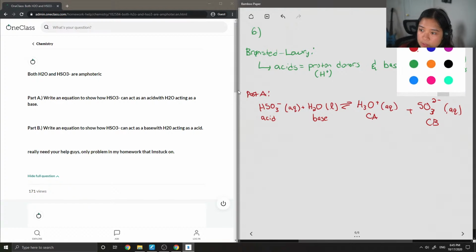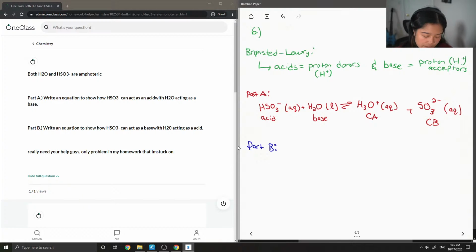And we're gonna do the exact same thing in part B, except switch around the roles. Let's write this down again. So this time, water acts as our acid.